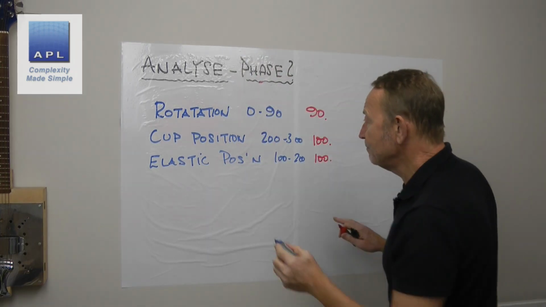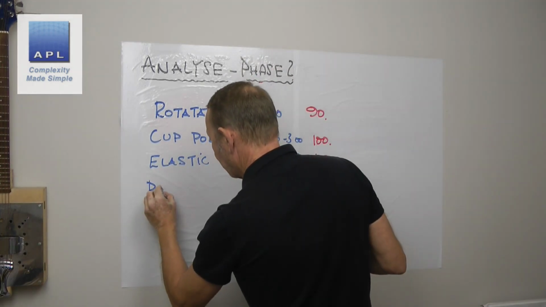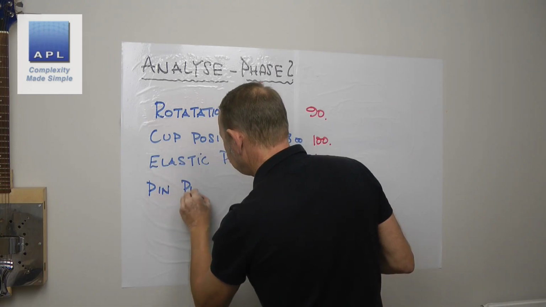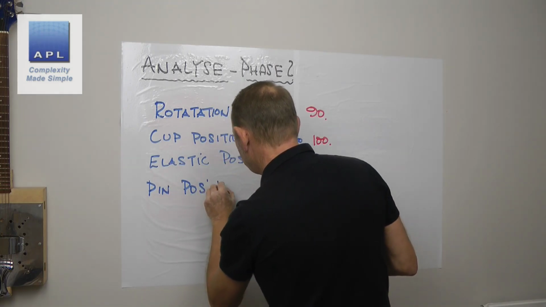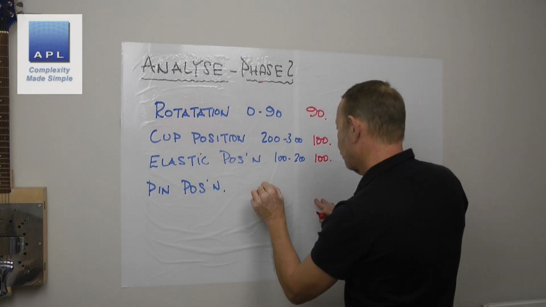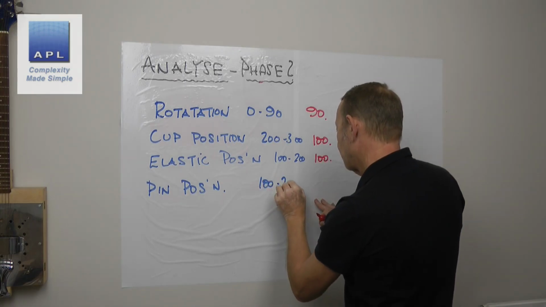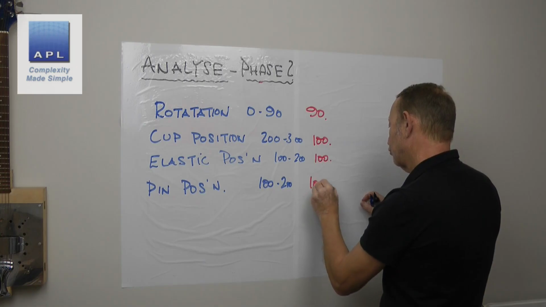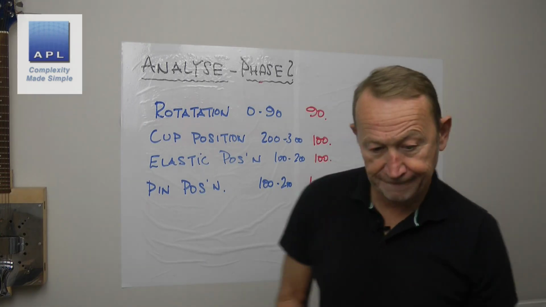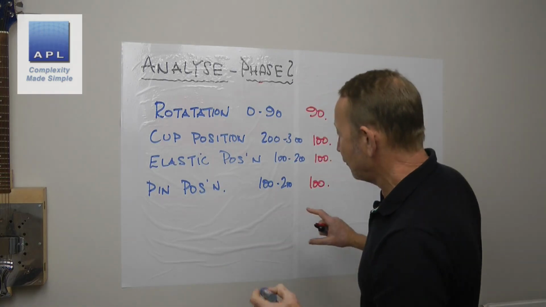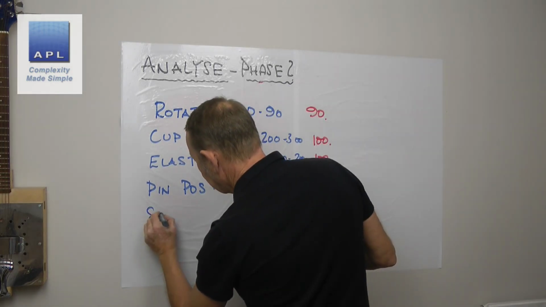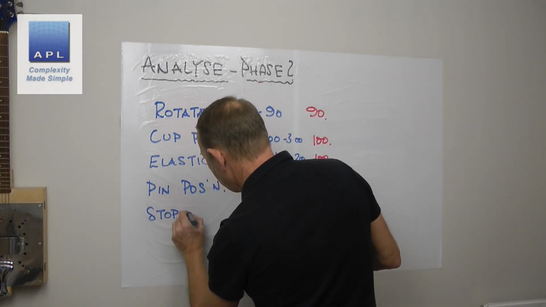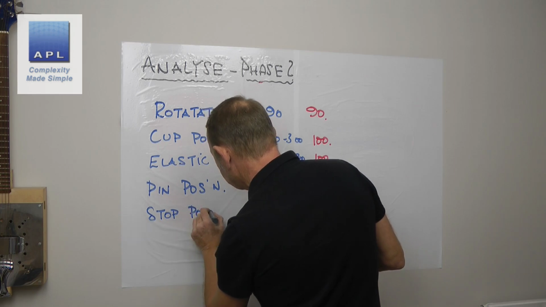We've got the pin position, which is at the front there. The pin position goes from 100 to 200, so there are 100 choices. We've got the stop, that white peg just on the arm there.